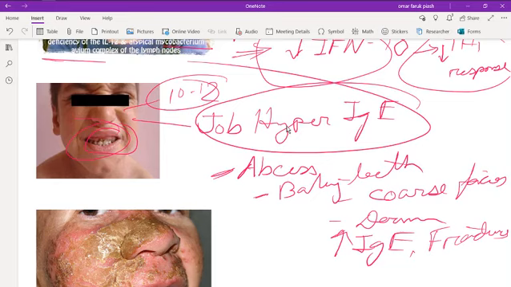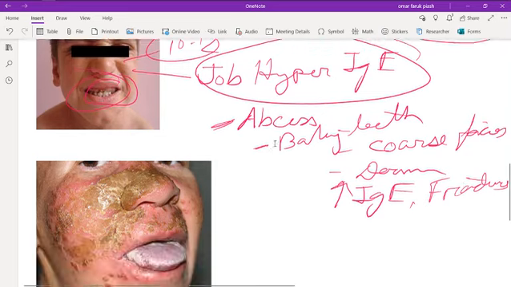In hyper IgE syndrome, the increased IgE indicates eosinophilia, and there is impairment of neutrophils going to the site of infection. And that is all about Job syndrome.